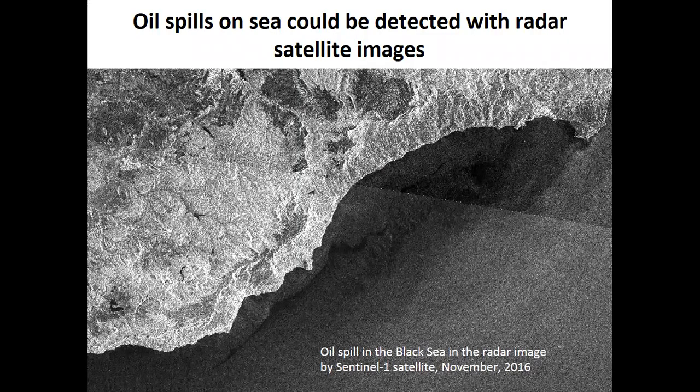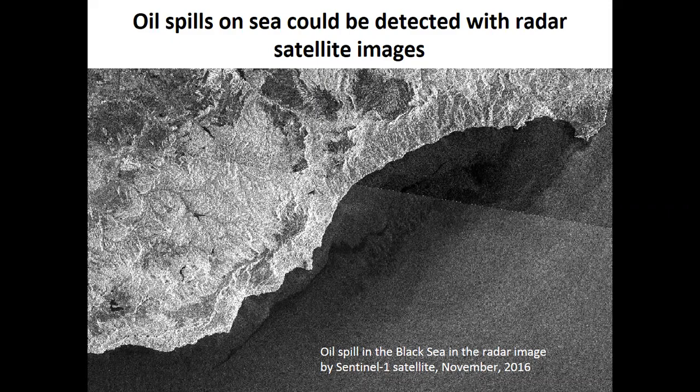But also, the radio waves are more sensitive, of course, not to the color of the surface, but to the shape of the surface. Even a sea surface could reflect them differently if it has different waves on it.